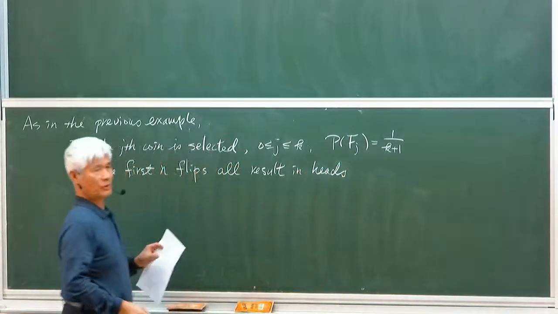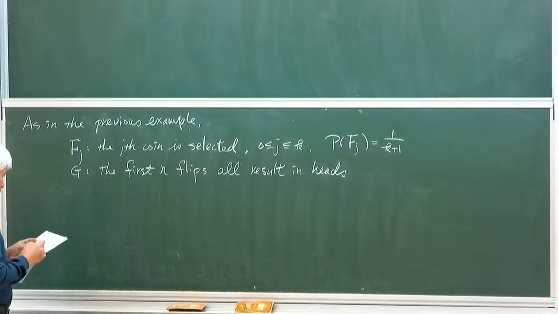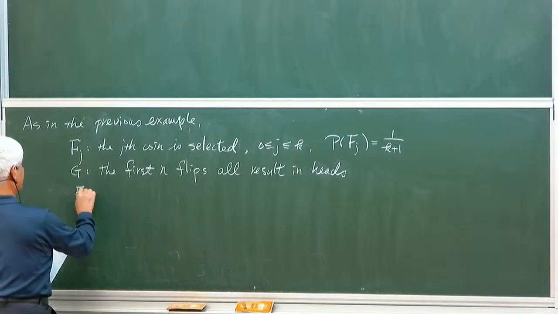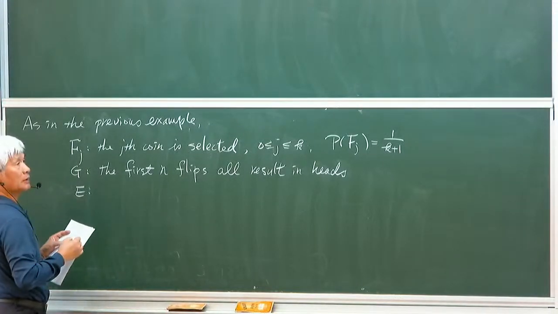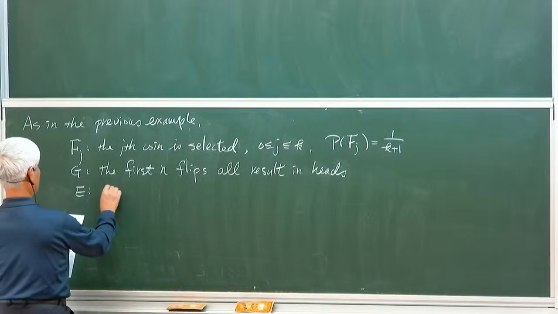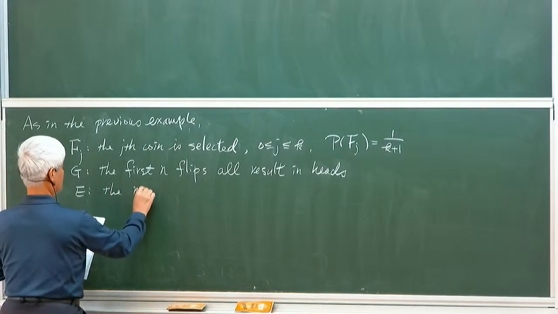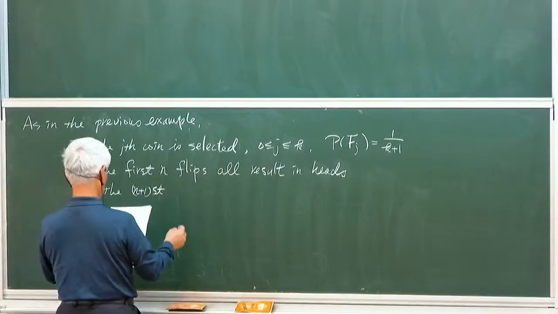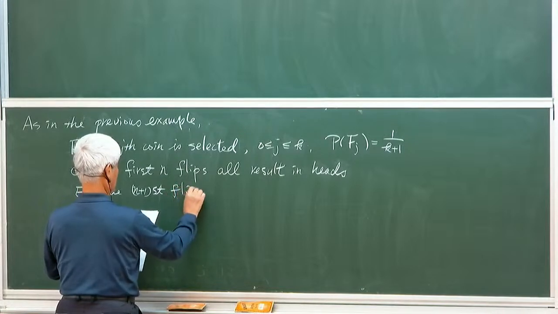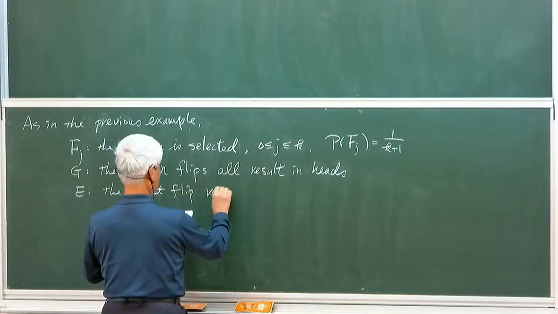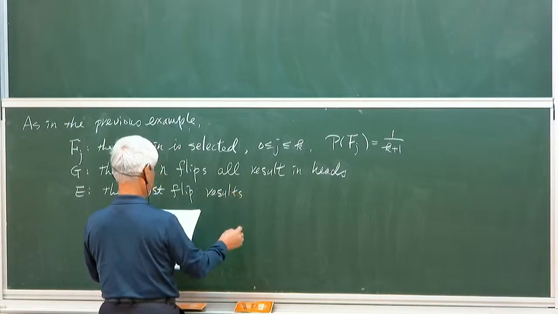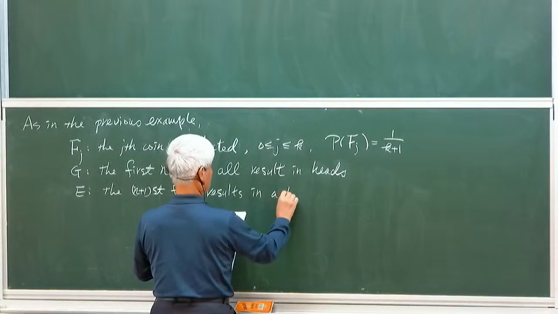Okay, so that is the given event G, and the event we want to know is that the n plus 1 flip, okay, results in a head again.